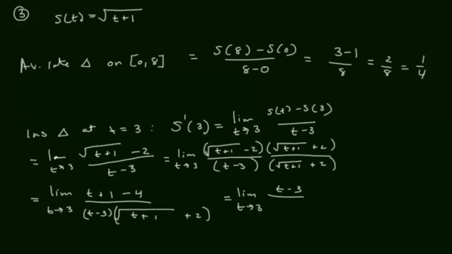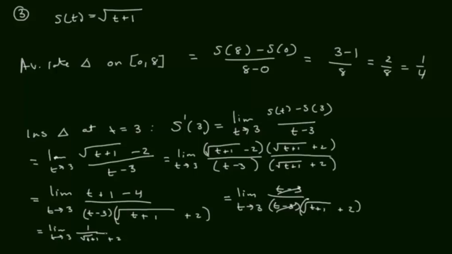And then in the bottom we have this t minus 3 times the quantity square root of t plus 1 plus 2. So these will cancel out. The limit as t goes to 3 now of 1 over the square root of t plus 1 plus 2.